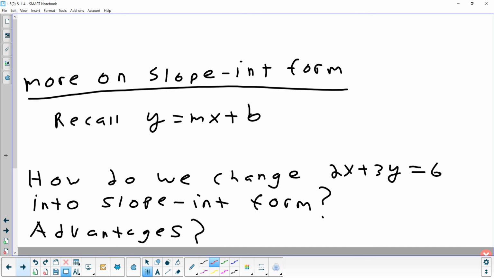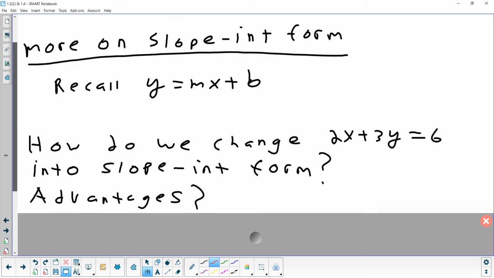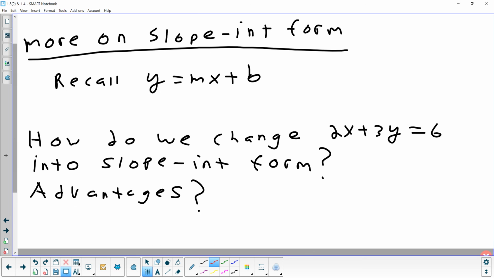So sometimes you're given an equation that's not in y equals mx plus b, and you want it in y equals mx plus b. You just can't make it. So we have to get the y by itself. So let's just see if we can do that, and then talk about, well, why would you do that?